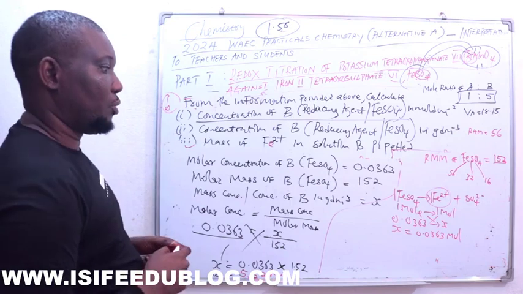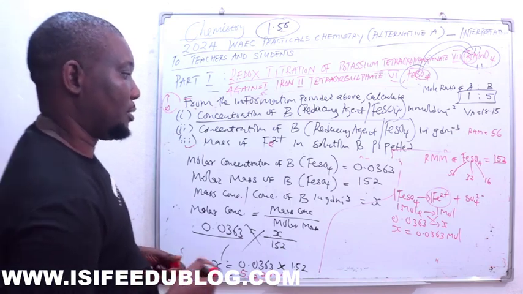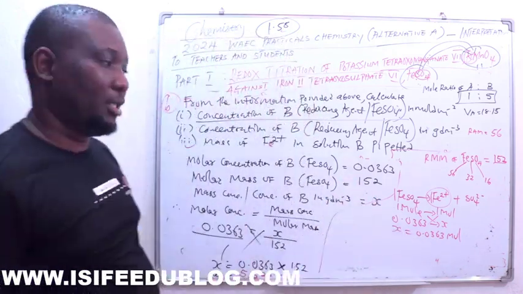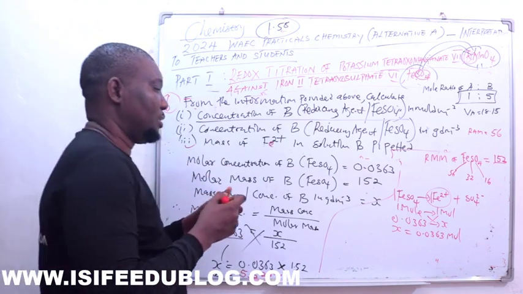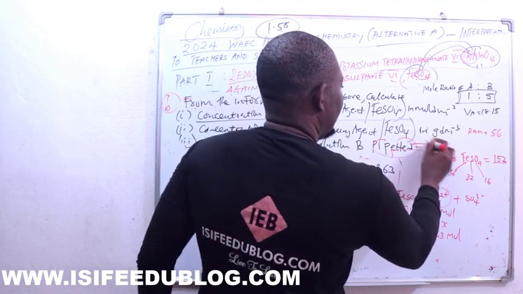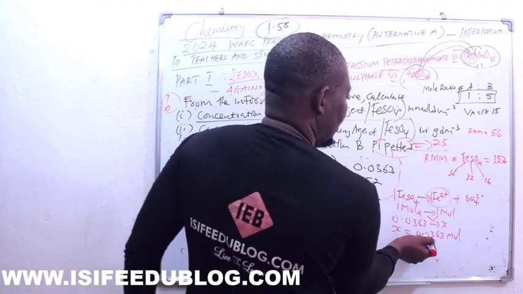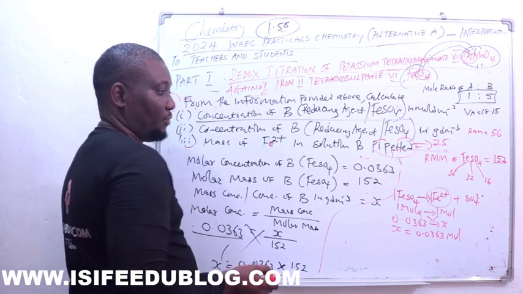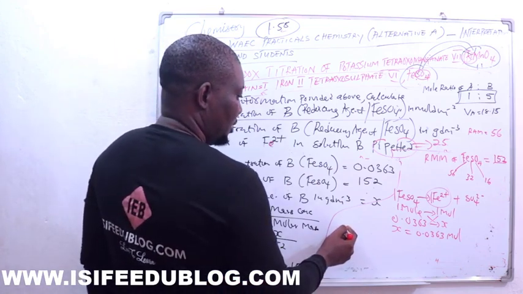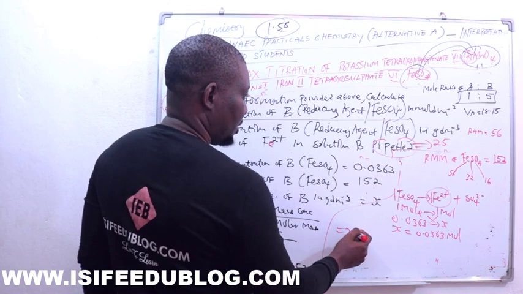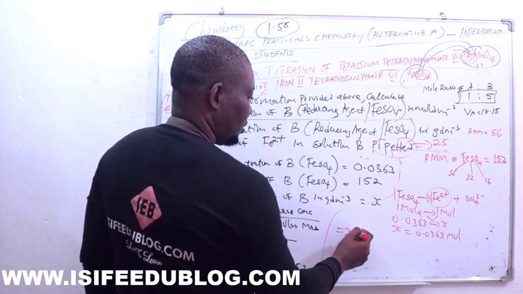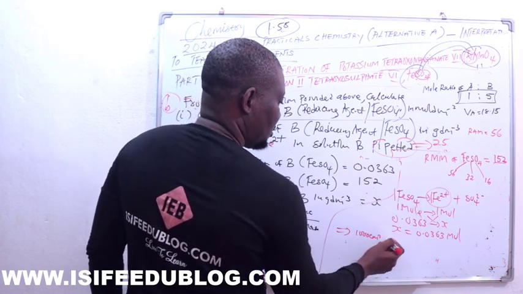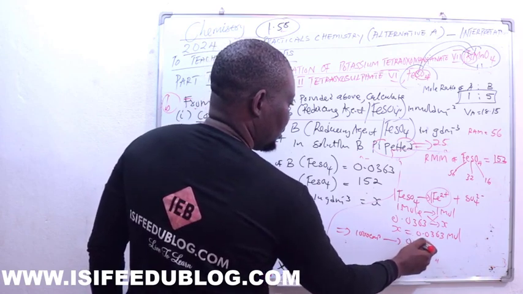Which is mole. So now you know that this x is in mole per liter, mole per dm cubed. The volume of the pipette here is 25, so we're going to take this into 25. If I take it from 25, it does mean that 1,000 cm cube of this already contained 0.0363.